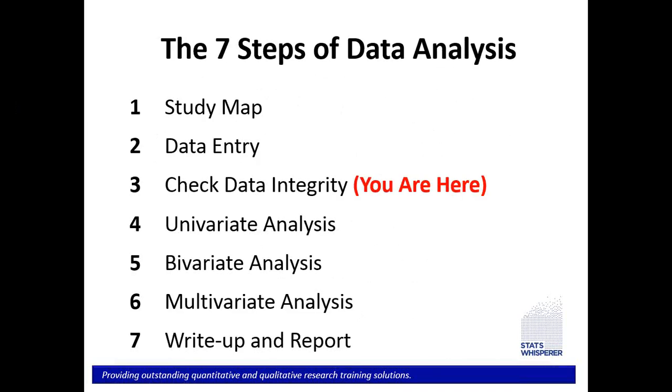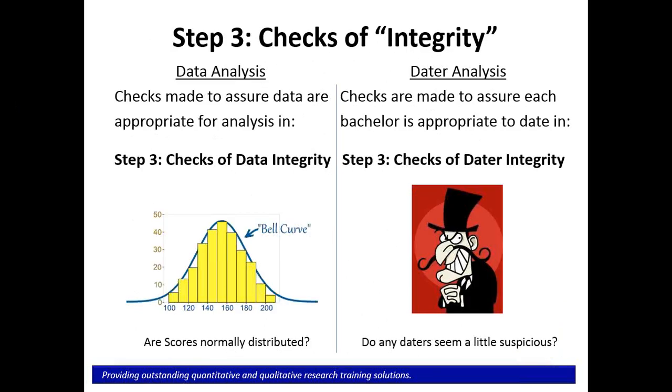So again, in our list of 7 steps, we are here next to the 3, step 3, check of data integrity. Now remember our little parallel here with the Bachelorette, right? So step 3 in both cases are checks of integrity.